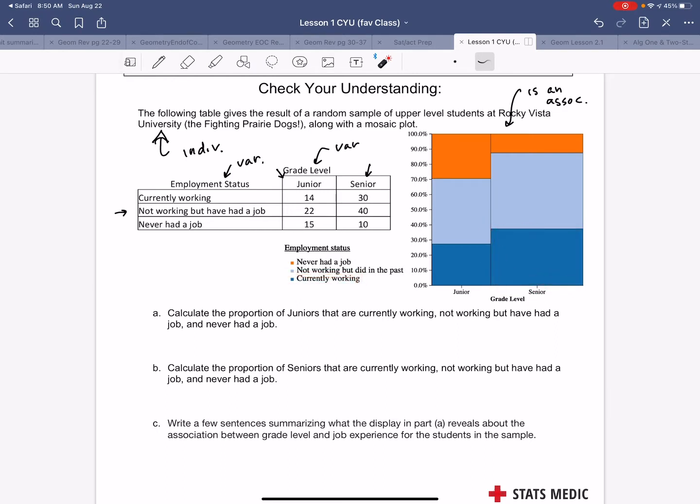So that's why when we look at part C, we want to say that there is an association between the grade level, the one variable, and the other variable, job experience.